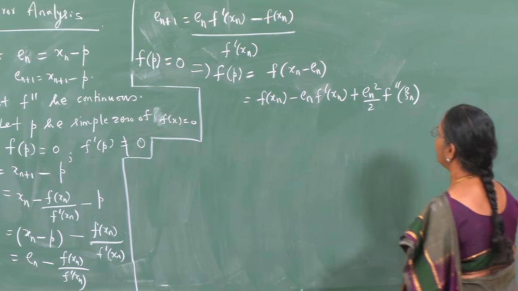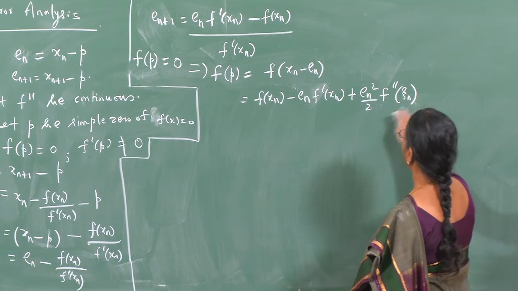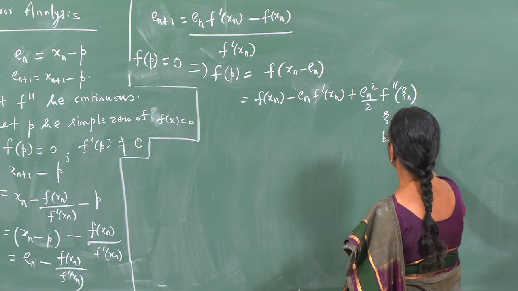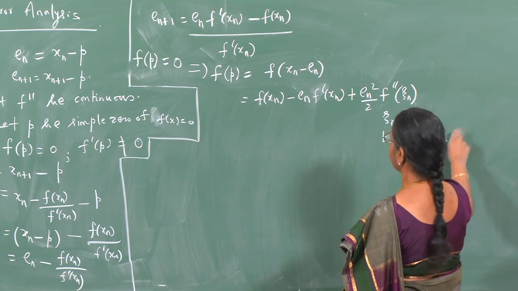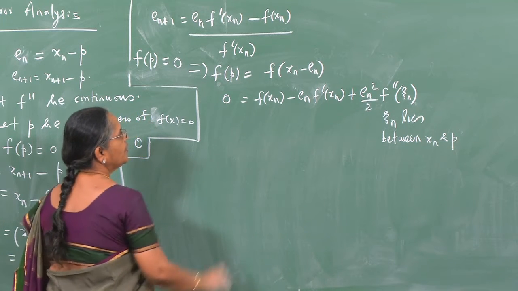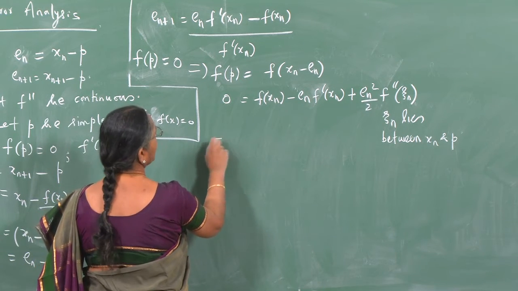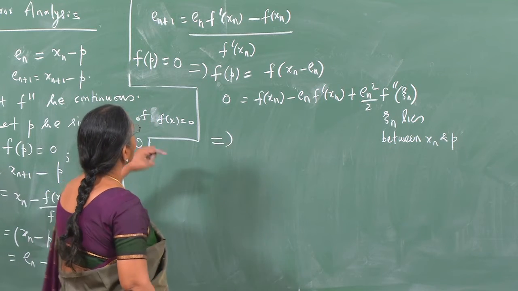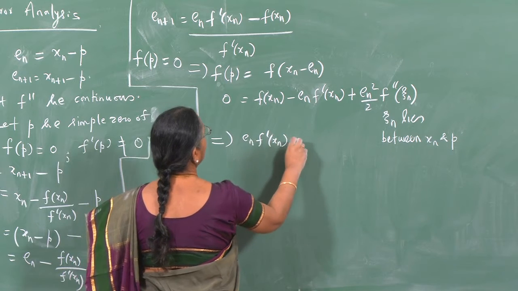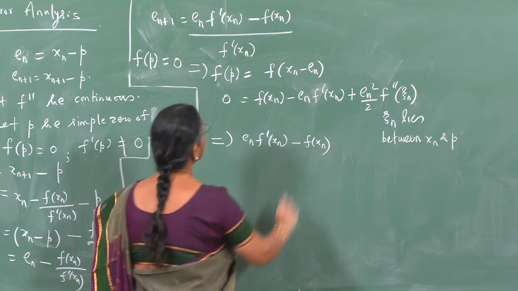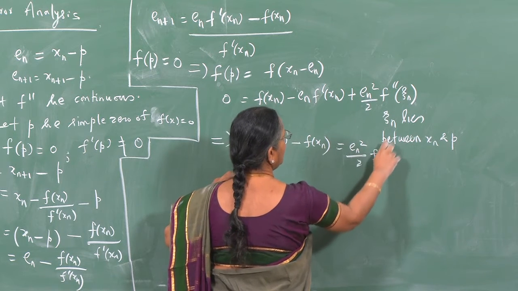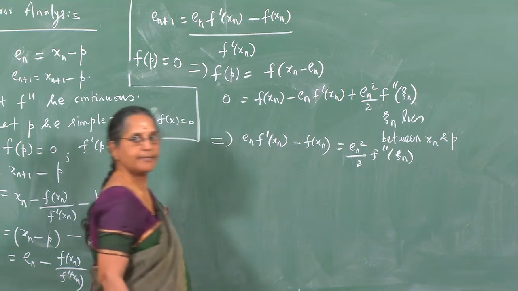So, I shall write the error term as En square by 2 f double dashed of psi n, where psi n lies between xn and p. I know that f of p is 0. So, this gives me En into f dashed of xn minus f of xn to be equal to En square by 2 into f double dashed of psi n.